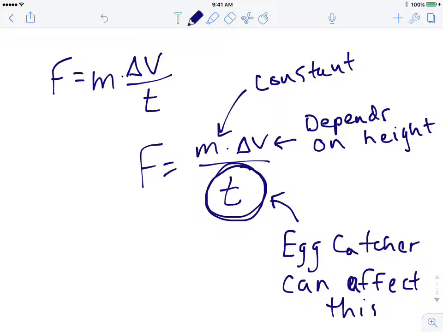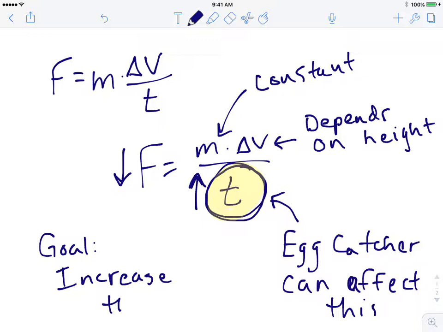Now let's think about this. Since I have an inverse relationship, since my time is in the bottom of this fraction, in order to make force smaller, I have to make time bigger. Okay, making the bottom of the fraction bigger makes the overall thing smaller. So my goal here, in order to decrease the force, is to increase the time.